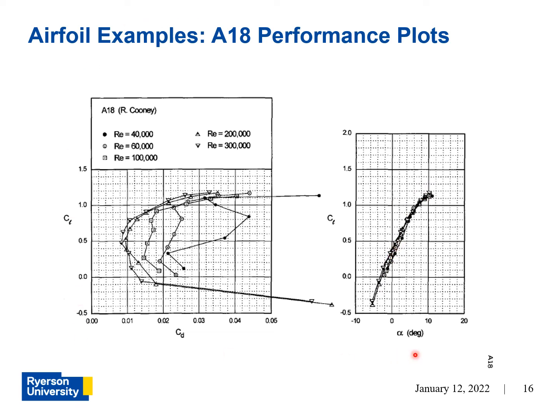Now, the data that I'm showing here is from a book, and it's a bit lower resolution. So I recommend you visit a site called airfoiltools.com and look up the same airfoil, and you'll be able to see much clearer pictures of the performance plots for this particular airfoil.